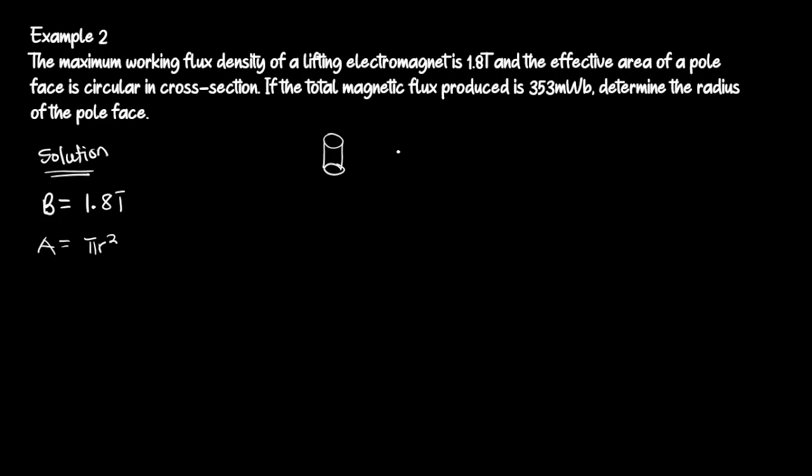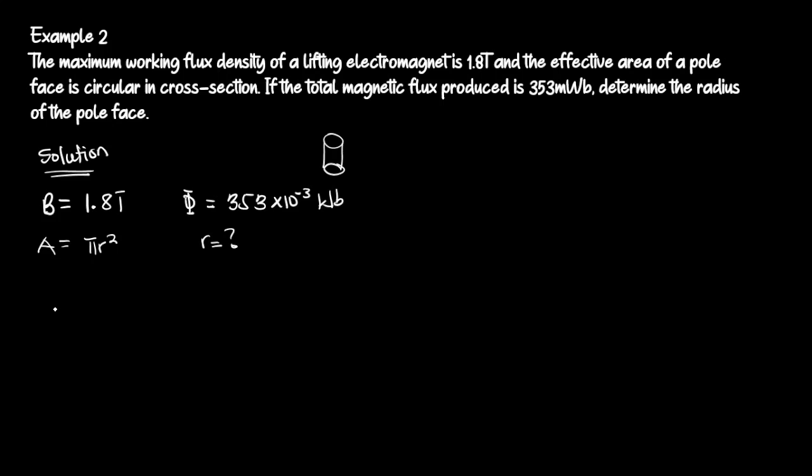Okay, so with that, we were told that the total magnetic flux, which is phi, given to us is 353 milliweber. So milli is times 10 raised to the power minus 3. I've already converted it. Okay, we have to determine the radius of the pole, so we have to find the radius.